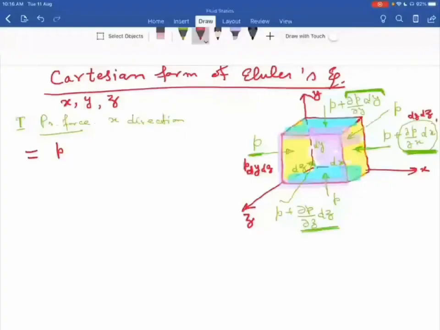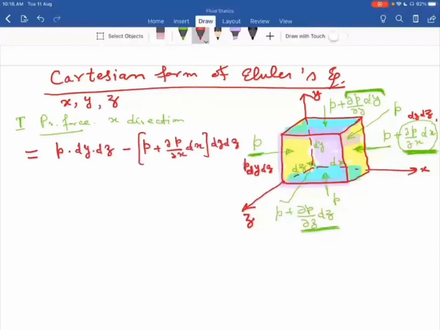So along x direction, it is P into dy into dz minus P plus curly P by curly x dx into dy dz. So it comes out to be minus curly P by curly x into dx dy dz, since the first terms cancel. This is the pressure force along x direction.